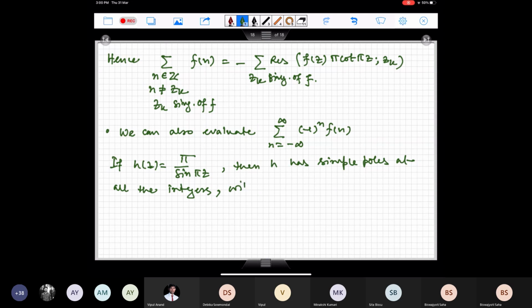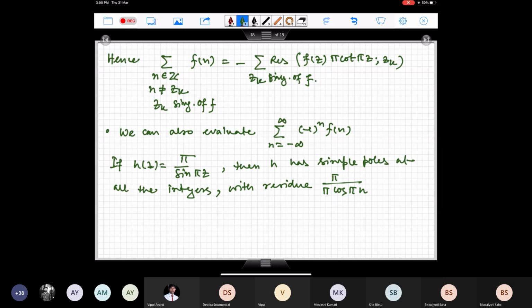Now what's the residue? Again, the same principle: the numerator should be evaluated at that point, and you need to take the derivative of the denominator and evaluate at that point. The residue is pi divided by pi cos pi n.